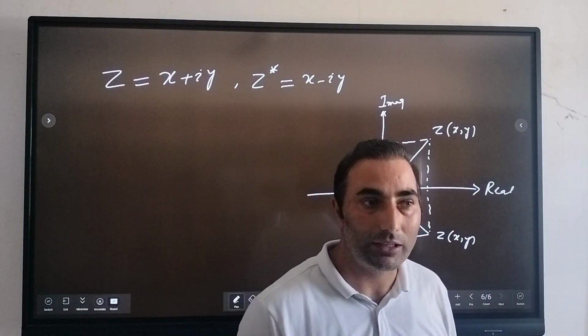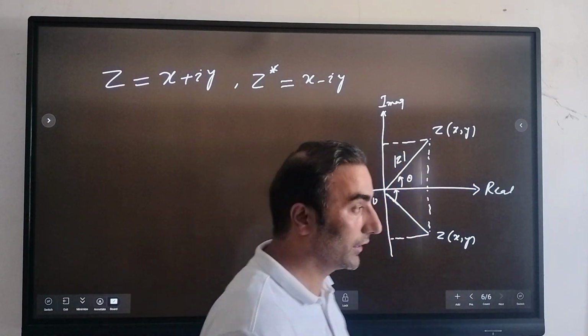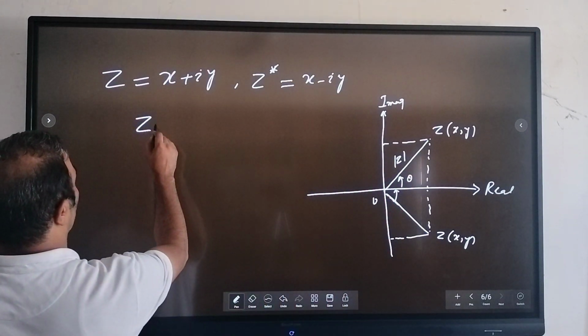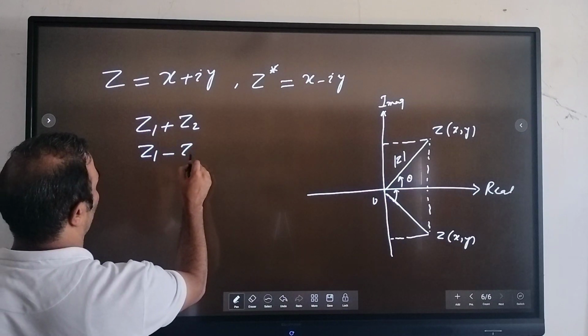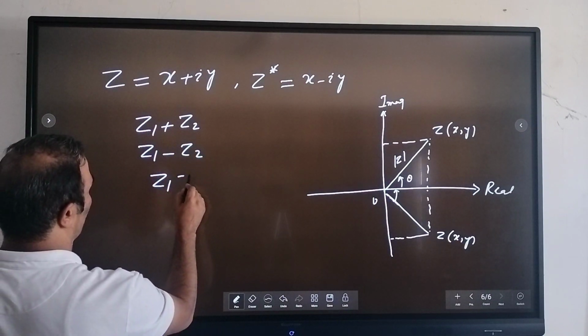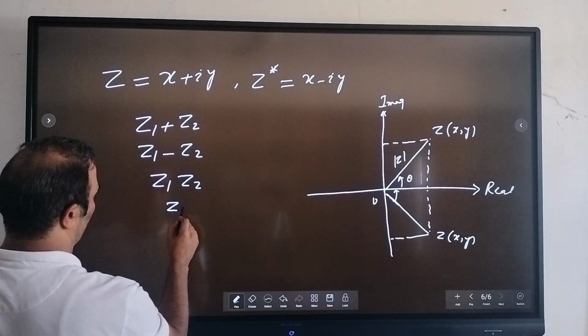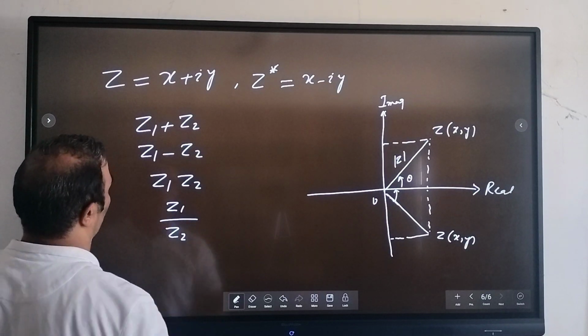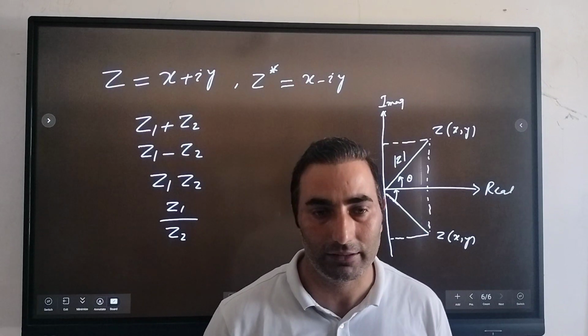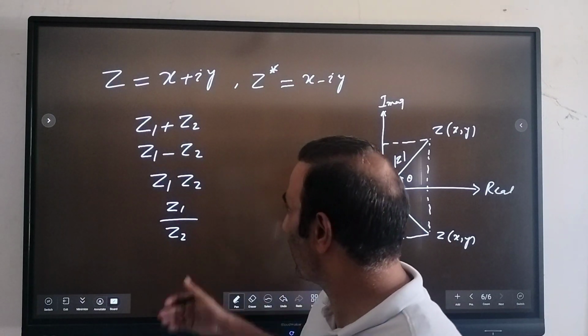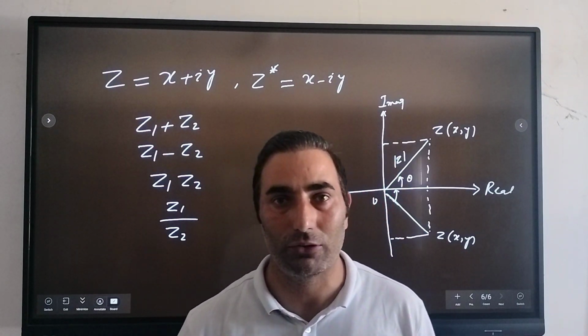We can take the addition of two complex numbers, z1 plus z2. You can take z1 minus z2, the product of z1 and z2, and z1 divided by z2. There are so many properties. I think you are familiar with these things, so I will not discuss them; if I need them sometime, I will use them.